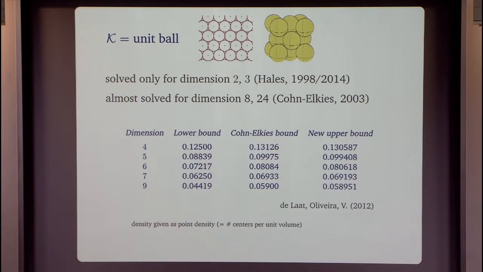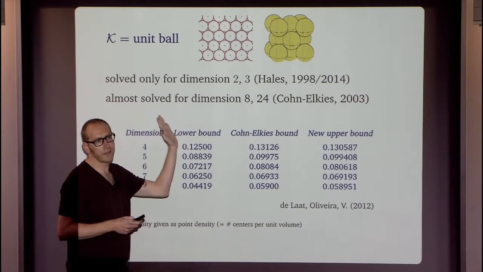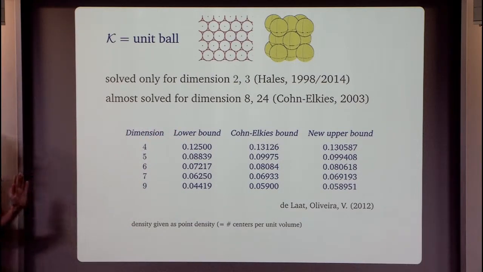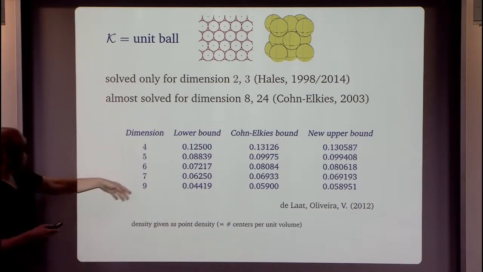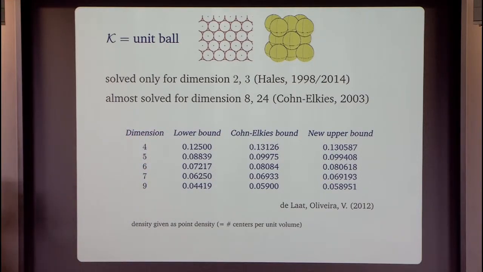And they conjecture that the sum of squares proof can even prove the optimality in dimensions 8 and 24, but until now they couldn't find the proof. In lower dimensions, from 4 to 9, here's the best of what we know. There the situation is not so good. Lower bounds and upper bounds are kind of far apart.